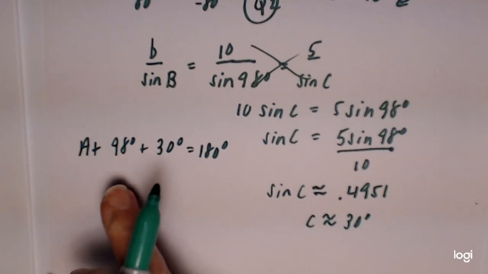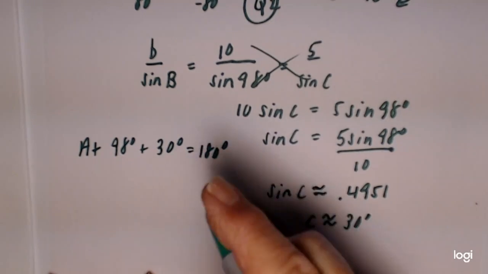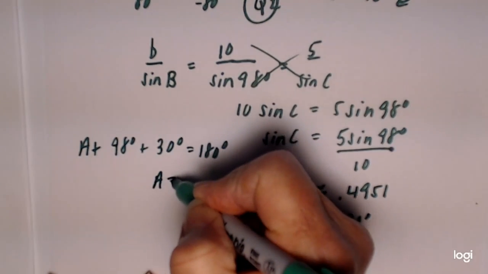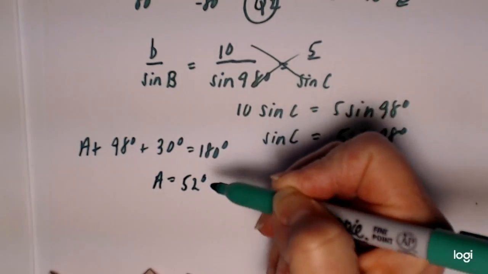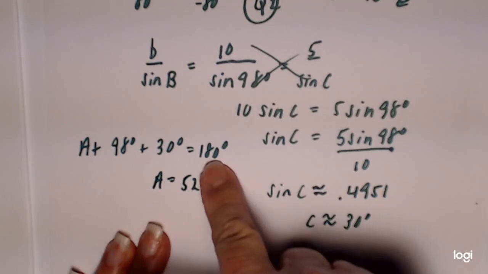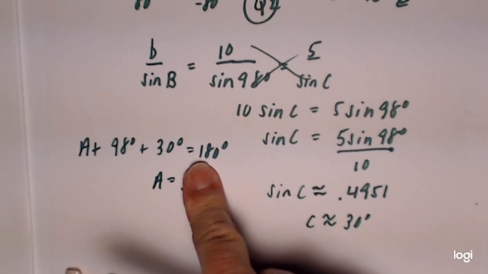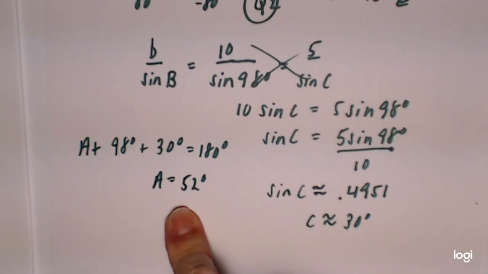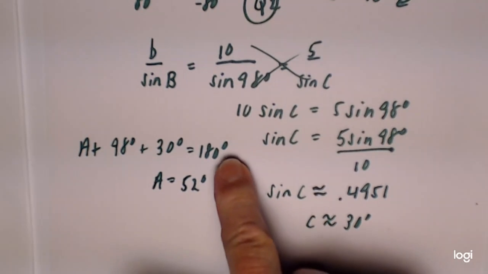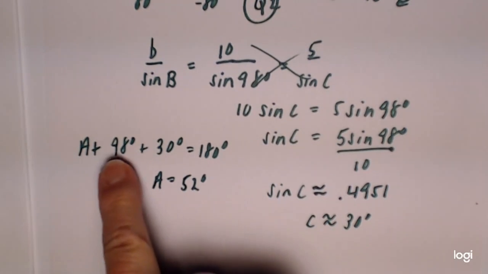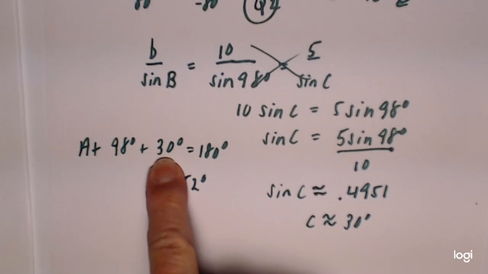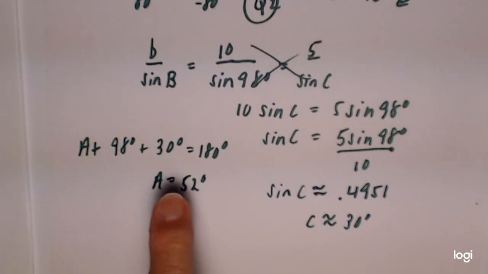When we subtract the 98 and the 30 from the 180, we get that angle A is 52 degrees. Obviously, you could set this equation up differently to solve. If you wanted to say directly that A is equal to 180 minus 98 minus 30, that's the same information, just stated differently algebraically. You get the same answer.